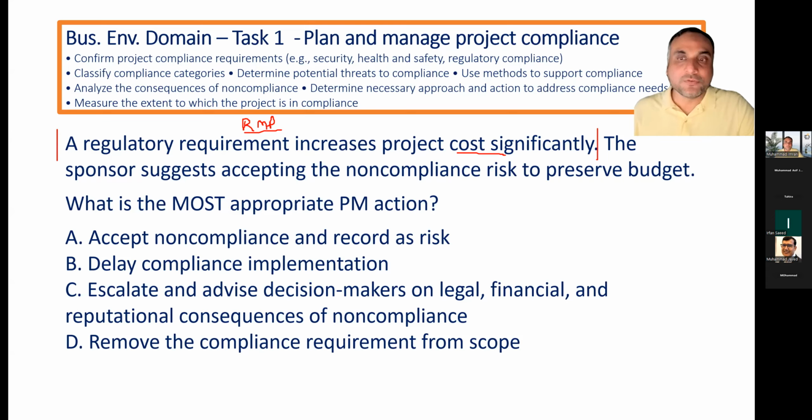For this type of situation, look, cost reimbursable contracts are used when the scope of work is available or not available?